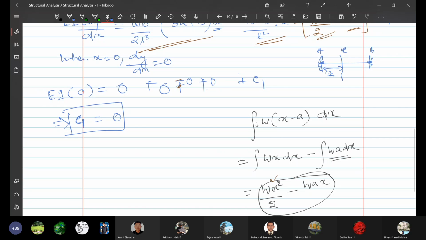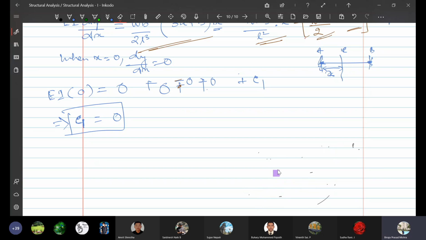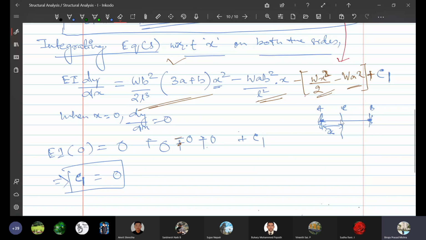Now we have the equation. Please don't forget your basics, integration. So now the value of C1 is 0.